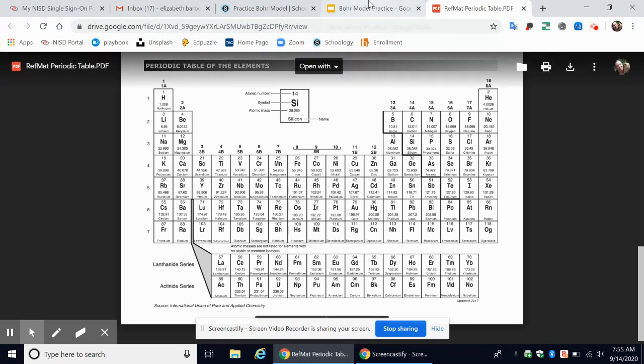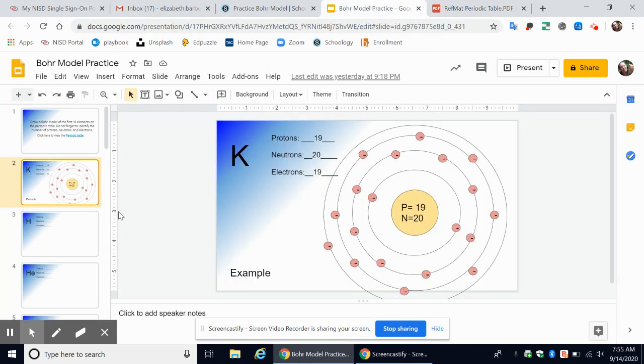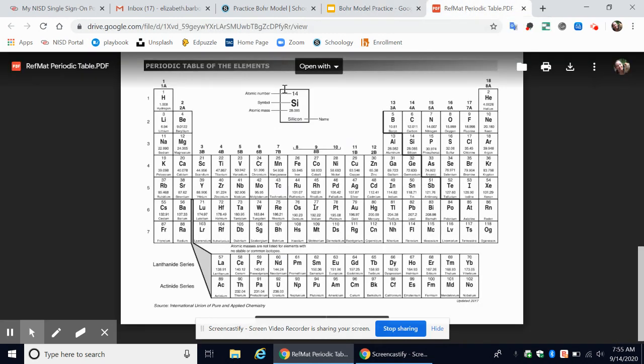So going back to our example, I have written down here protons 19 because we have APE man, APE, atomic number, which is 19, is equal to the number of protons and also the number of electrons. So all of those are going to be 19. Then we have MAN, and that means that we're going to go to our atomic mass, which is here.